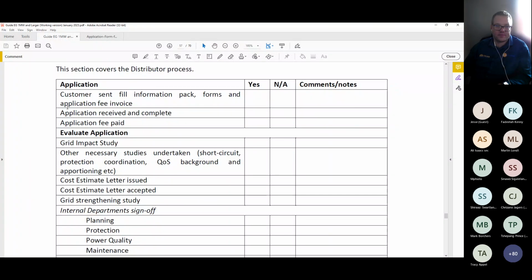So firstly, let's look at the application form. Is everybody ready with the checklist? Maybe I should ask, can everybody see my screen? Yeah, can see it. It's good. Okay.